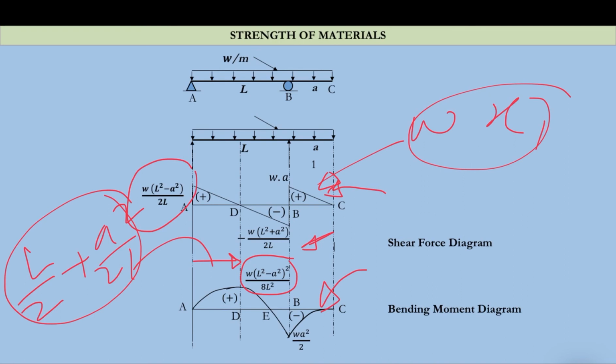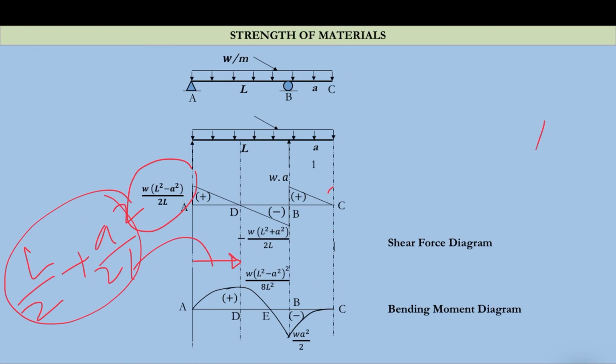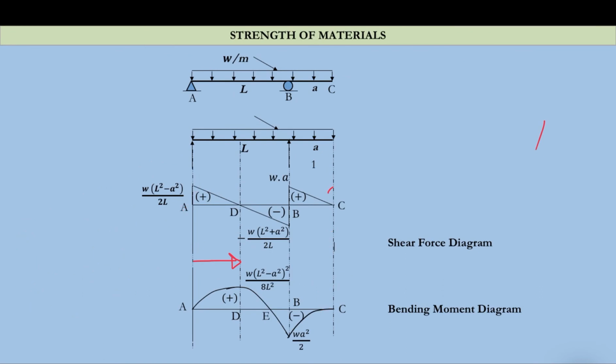If you show the shear force as 0 and provide a slope, then I will cut the marks, that is for sure. These are very fundamental things. The bending moment variation is second degree, so we plot it like this, as a second degree curve. This was your shear force diagram, and this is your bending moment diagram.